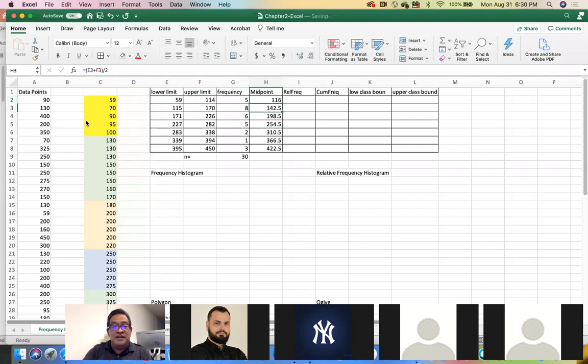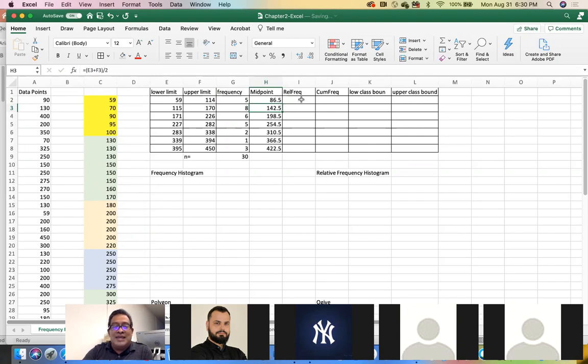So the value is different. I want Excel to add E2 and F2 and the result is going to be divided by 2. So those are my midpoints. These midpoints are very important, and once again it is the average of the lower and the upper limit.